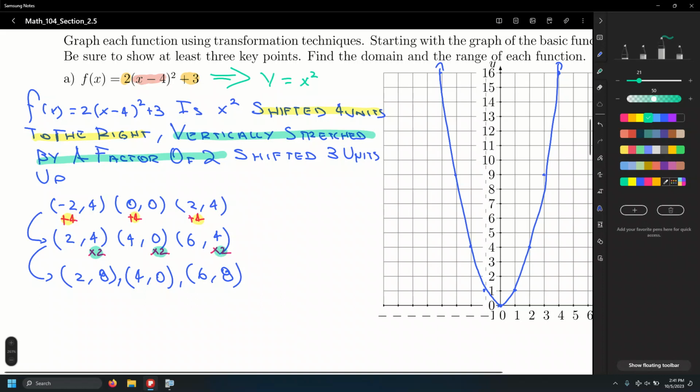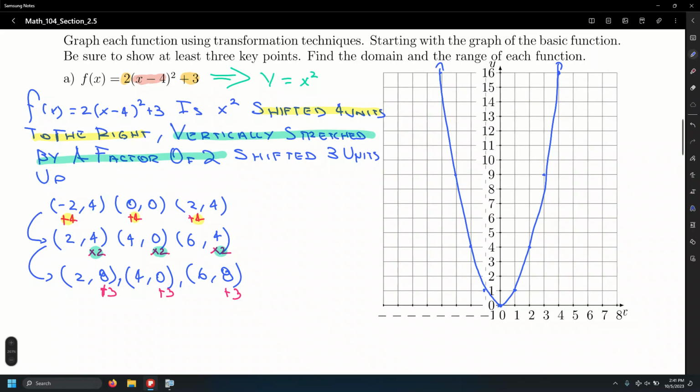What do we do in that case? Add 3 units to the y coordinates. Okay, let me do plus 3. Plus 3, plus 3, and plus 3. That's going to give us the following ordered pairs. So that'll be the new set of ordered pairs: 2, comma 11. 4, comma 3. 6, comma 11.